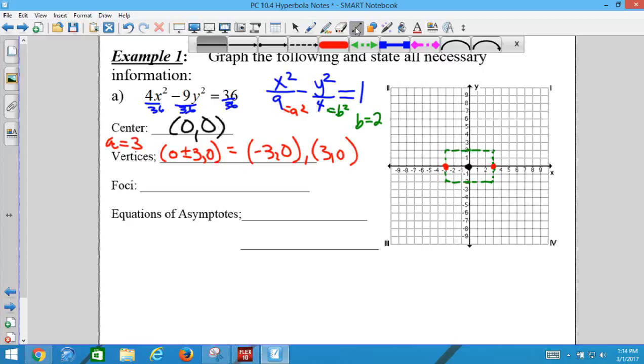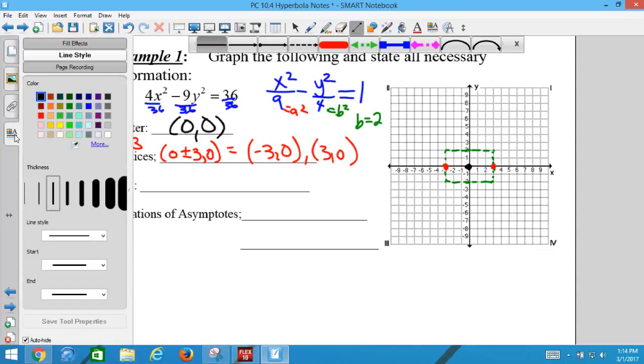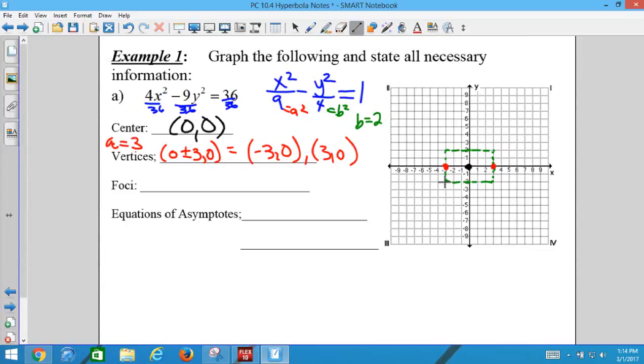Okay, so we are going to connect the diagonal corners of the rectangle, including all the way through the center of the rectangle, with our straight edge. And I'm going to do it using a dashed line. I'm going to connect from corner to corner, and it goes through the center of the rectangle.